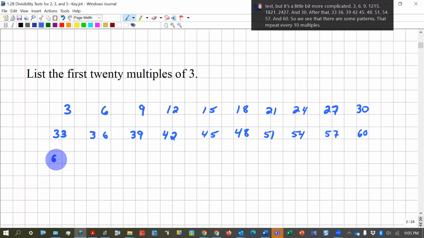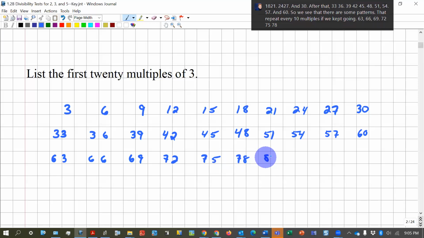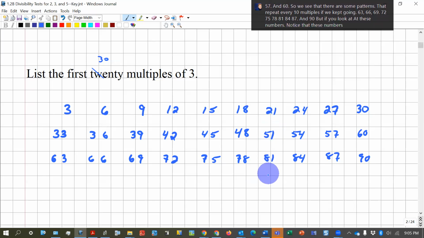If we kept going, 63, 66, 69, 72, 75, 78, 81, 84, 87, and 90. But if you look at these numbers, notice that these numbers have a 1 in the ones digit.